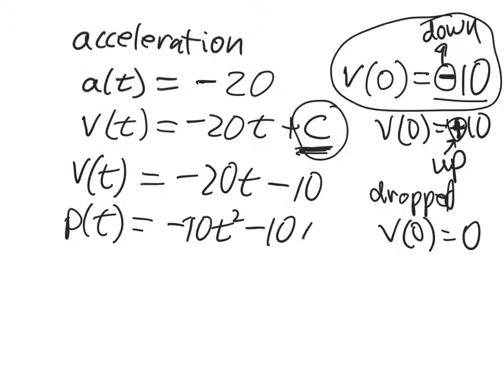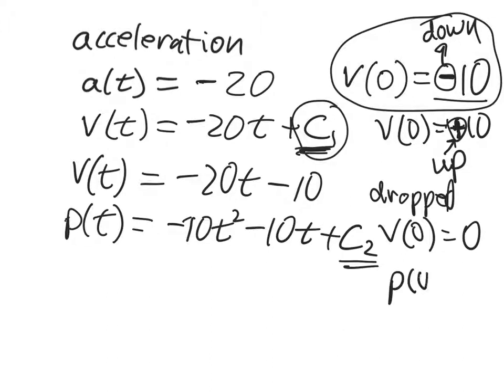Integrate. I guess we really should call this something other than C. We'll call that one C1 and this one C2. A little technicality there. We do have different constants. Now, how would we find this? P of 0, position should be 0, velocity should be 0.